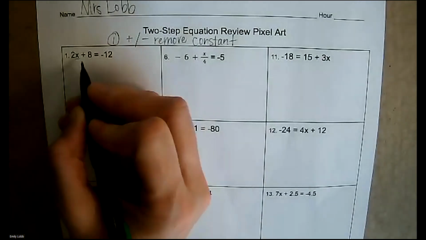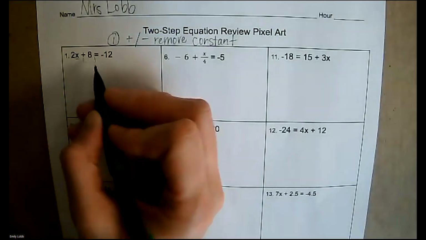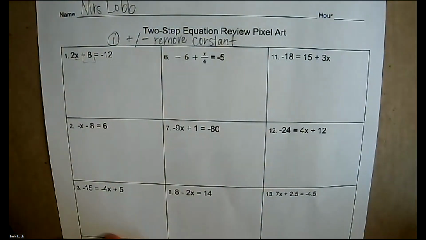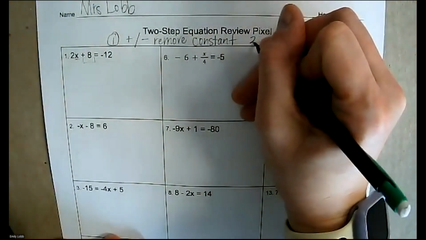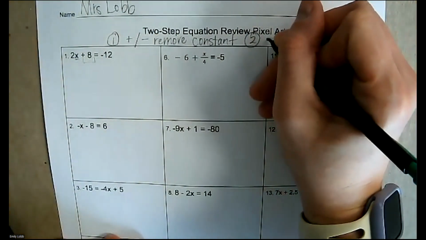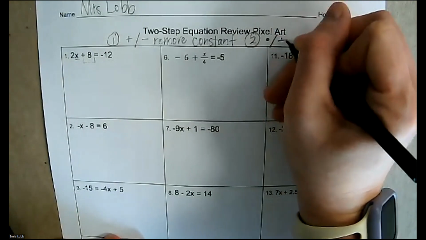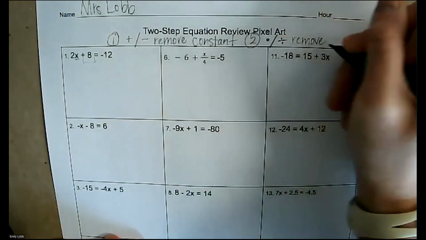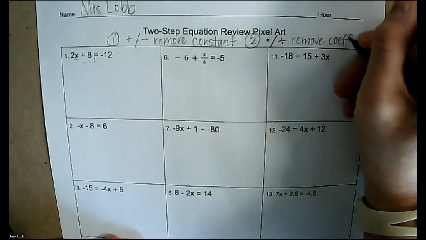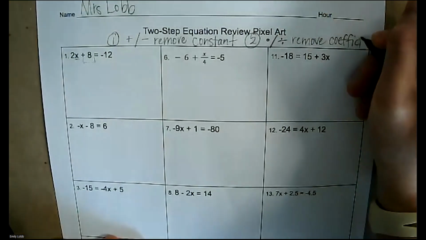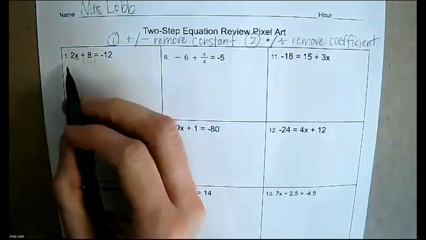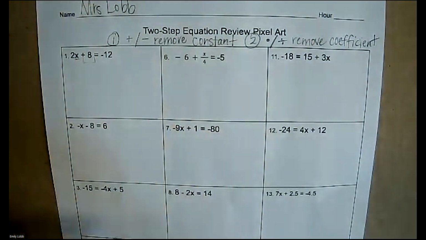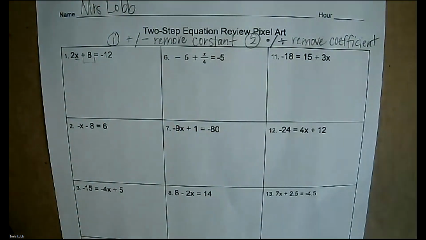Remember, this is our variable, so this is our constant. It's a number by itself. Step 2 is to multiply or divide to remove our coefficient. Remember, our coefficient is this number right in front of the variable.